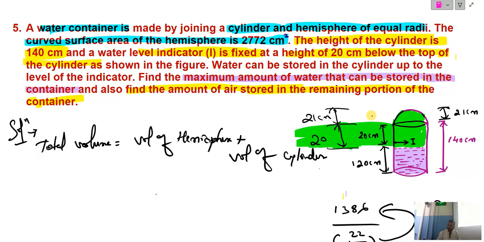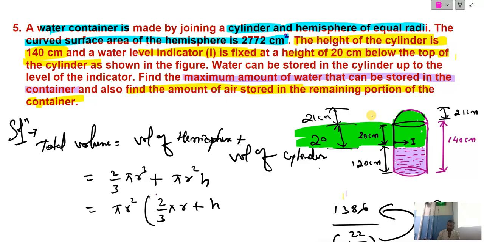Am I right? Volume of hemisphere is 2 by 3 pi r cube, plus volume of cylinder pi r square h. Pi r square common, 2 by 3 into r plus h of cylinder.